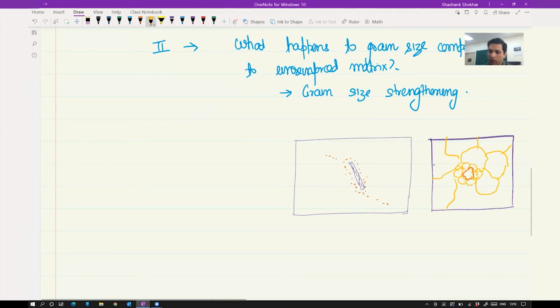So this is the example of the first one where dislocation density has increased, and this is the example for the second one where strengthening has taken place because of grain refinement.